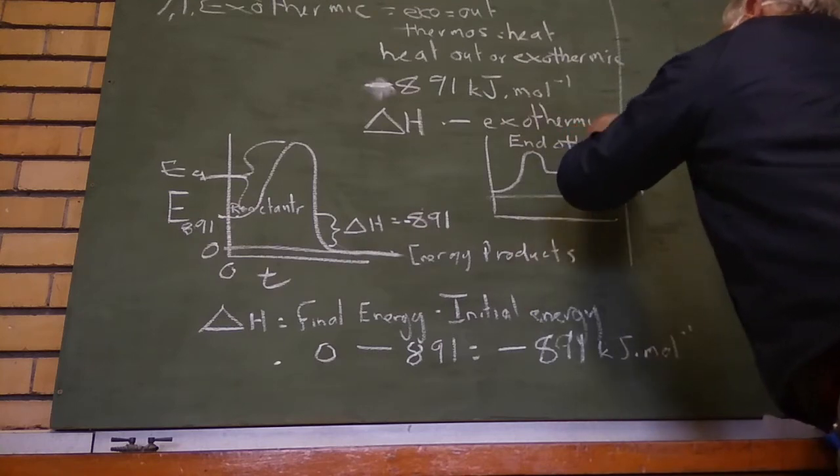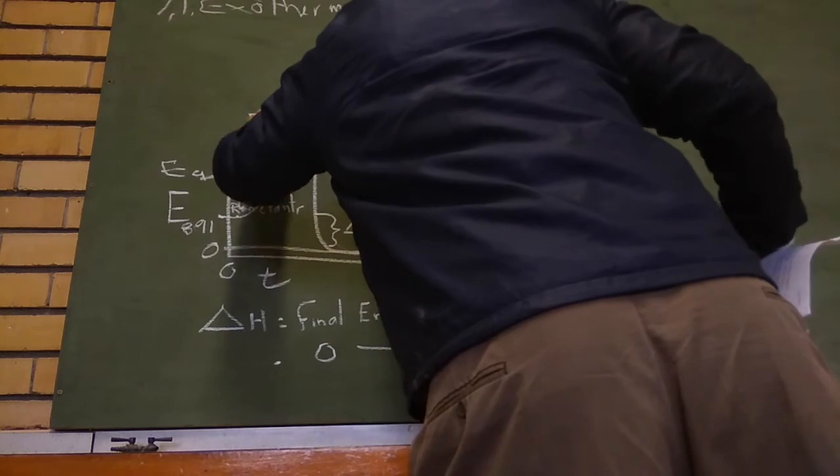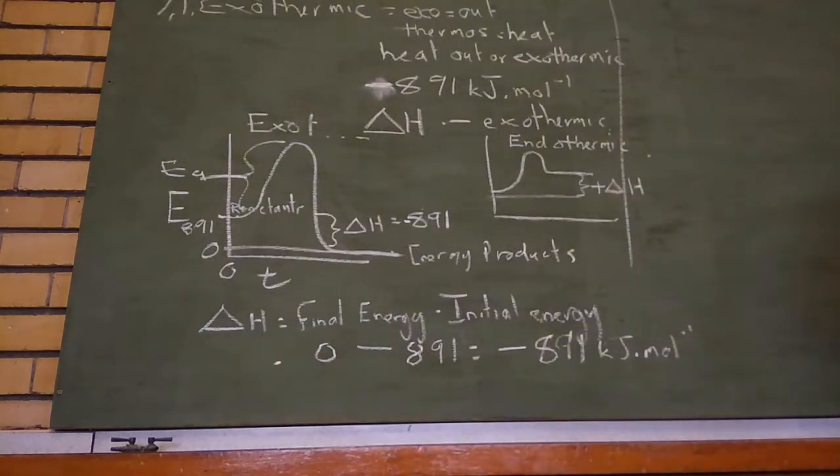But to get to your question, in matric they will always tell you delta H is negative or positive. What I don't like about this question is the way they said it was plus 891, because I would never do that. That's so confusing. I would always say it's minus 891 because it gives off. All agree? Okay.